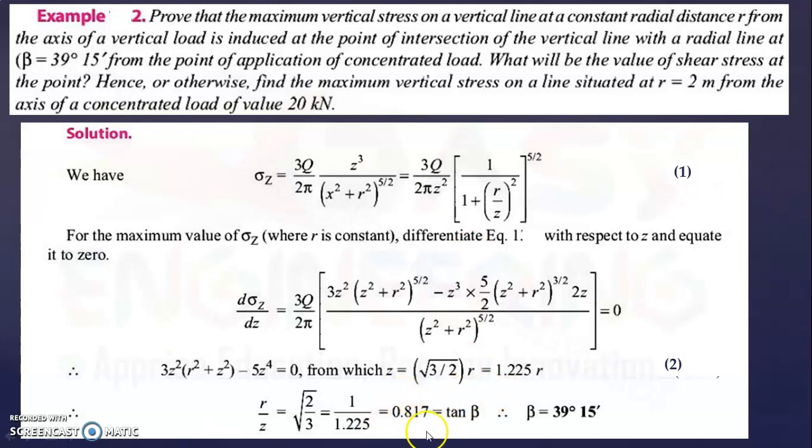So now this 0.817 is equal to tan beta. So tan beta is equal to 0.817. So beta is equal to tan inverse of 0.817, that is equal to 39 degree 15 radians.